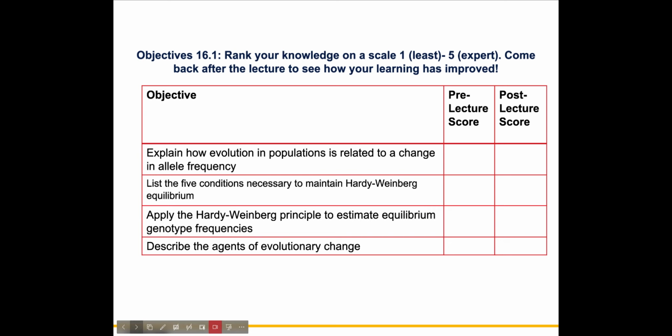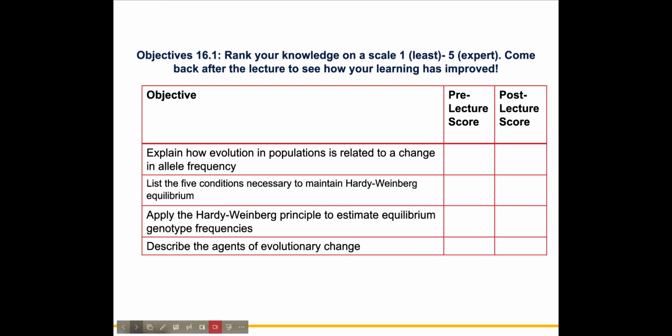The first thing to do is to take a look at your knowledge of these objectives: explaining evolution in populations and allele frequency. What are the 5 conditions for Hardy-Weinberg? Can you apply what you now know about that Hardy-Weinberg equilibrium?